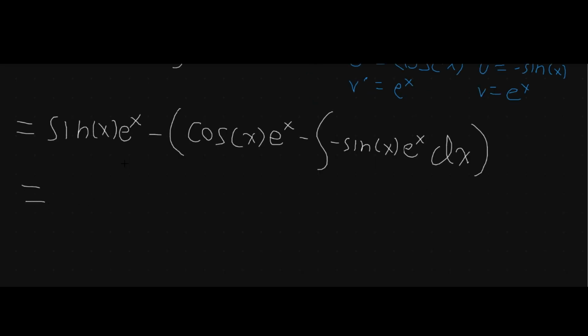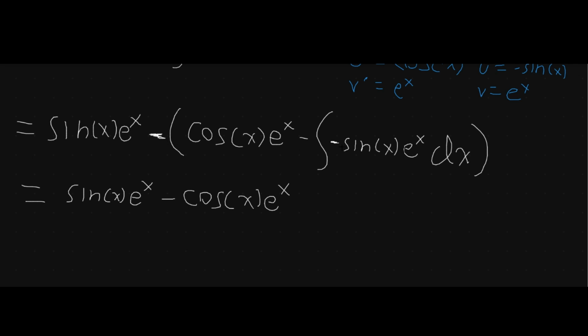So if I continue and apply the negative sign from here as well, we have sine of x e to the x. Let's distribute this negative sign over here inside the brackets. So we have minus cosine of x times e to the x, and if I apply this negative sign again, here we have a negative sign outside and we have a negative sign inside the integral.